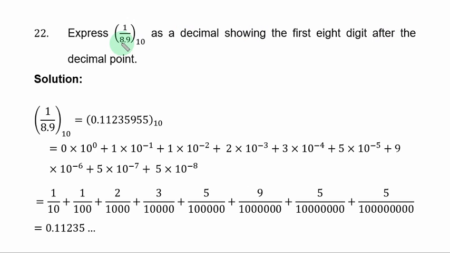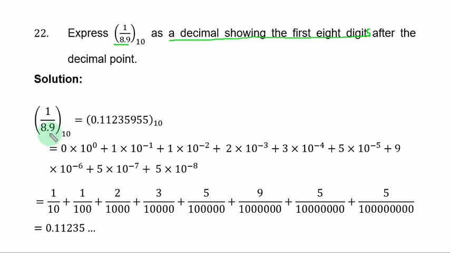Example 22. Express 1 over 8.9 base 10 as a decimal, showing the first 8 digits after the decimal point.